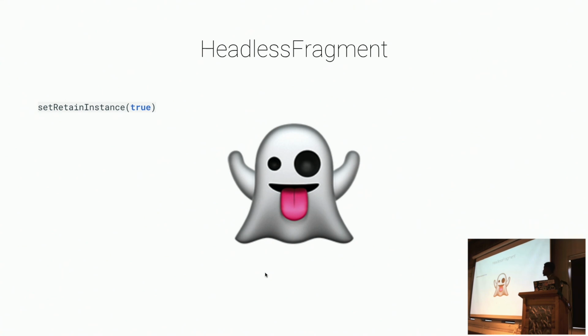And it's all that simple call, set retain instance to true. You should be careful though when using a headless fragment, because they're going to be continuously retained, that they don't have any references to your activity, as that can lead to the activity not being destroyed and thus memory leaks.